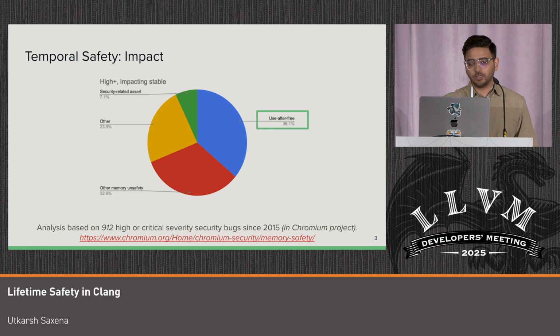It is a big contributor to production crashes and security vulnerabilities. For example, what you see on the screen shows that more than a third of critical security bugs found in the Chromium project are contributed by use after free, a classic temporal safety issue.